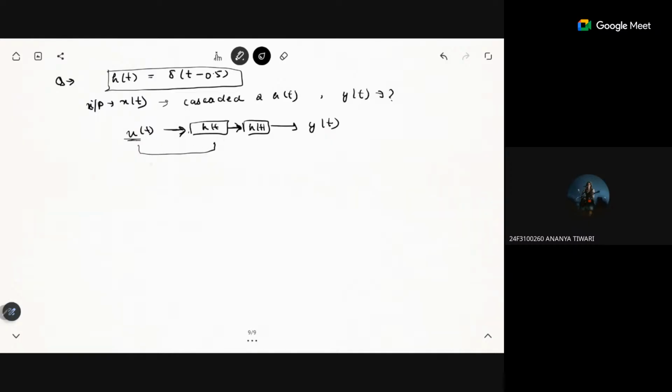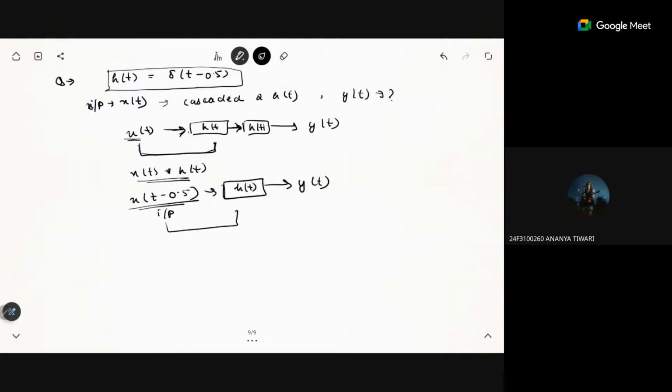Firstly, we perform x(t) convolved with h(t). As you told, this gives the output x(t minus 0.5). Now this becomes my input, and it is again convolved with h(t). Now tell me what will be the final result.